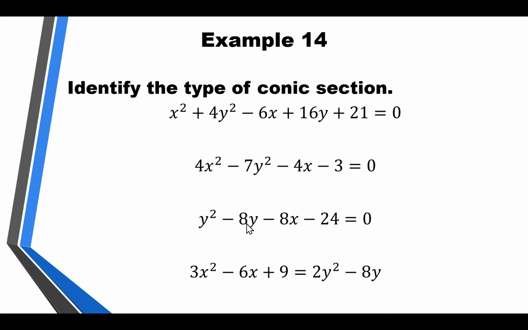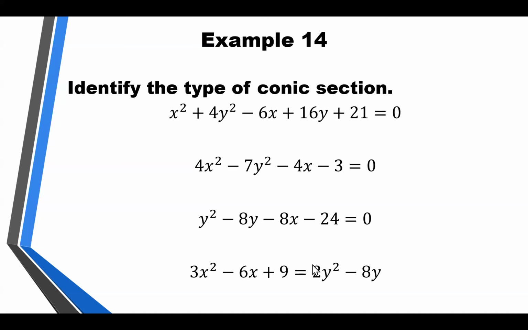In this third equation, we see a y squared term, but there's no x squared term around. Therefore, I know this third equation is the equation of a parabola. Now, this fourth equation is a little bit tricky. The current coefficient of x squared is 3. The current coefficient of y squared is 2, but they are on opposite sides of the equation.